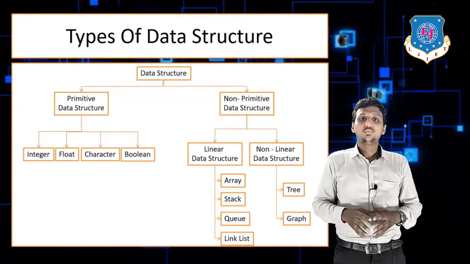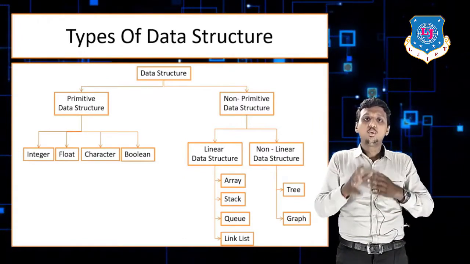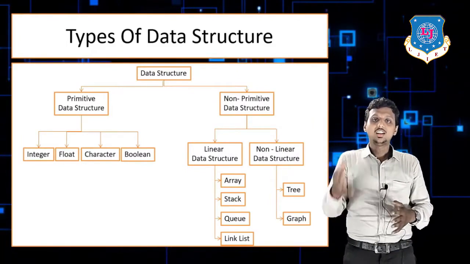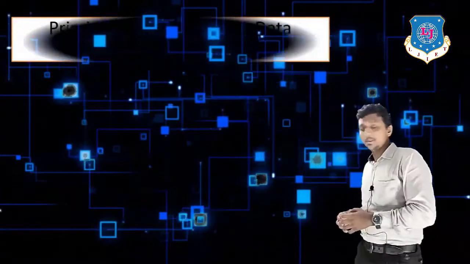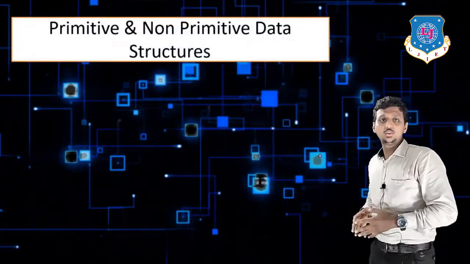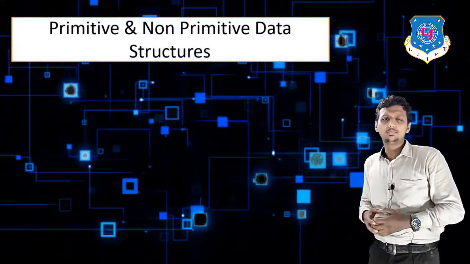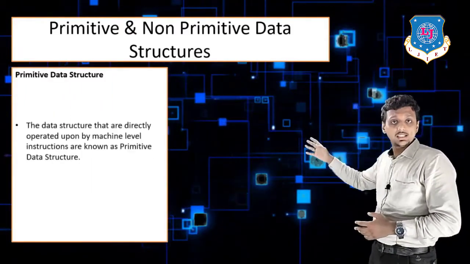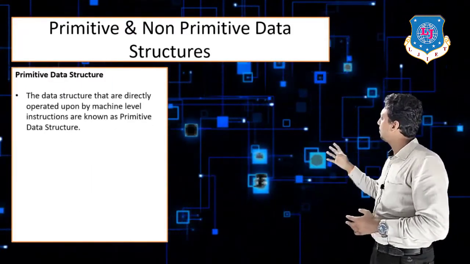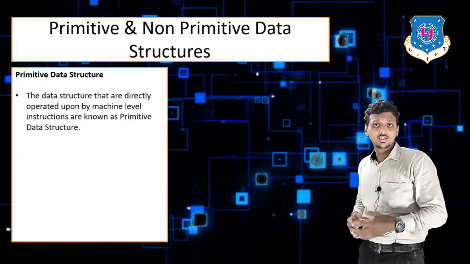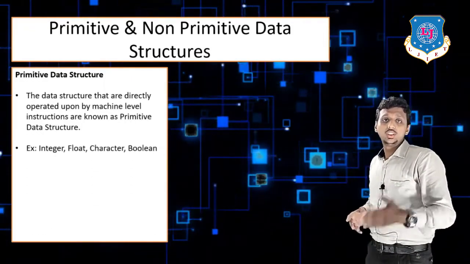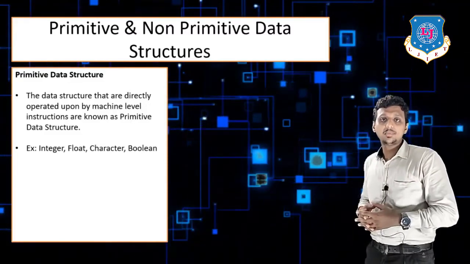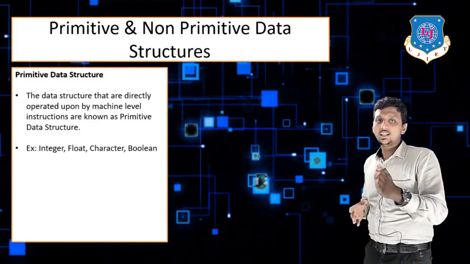So let's discuss more about the primitive, non-primitive, linear and non-linear now. The first thing we need to understand is what we mean by the primitive data structure. The primitive data structure means the data structure which is directly operated by machine level instructions. I have already told you that integer, float and character are known as primitive data structure.